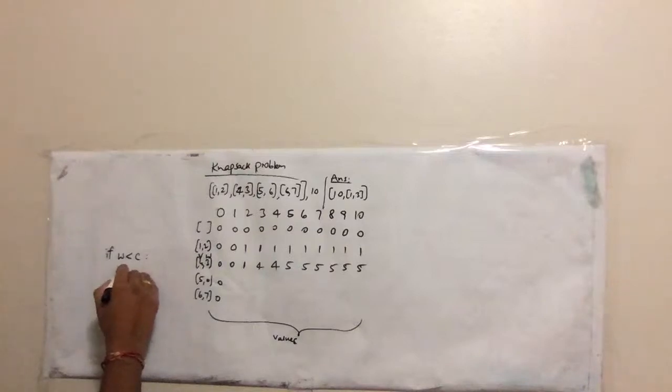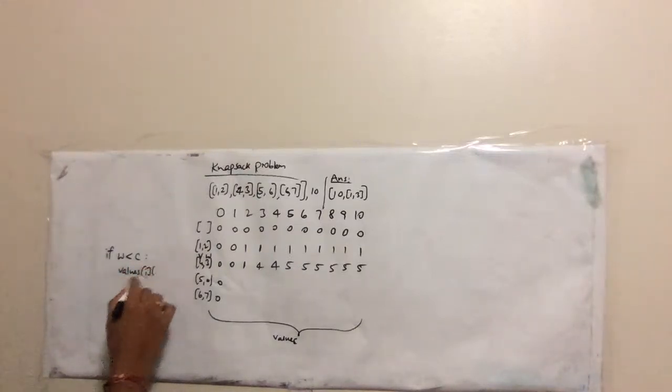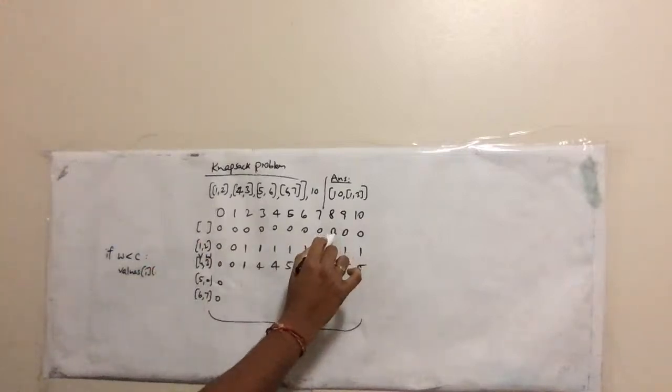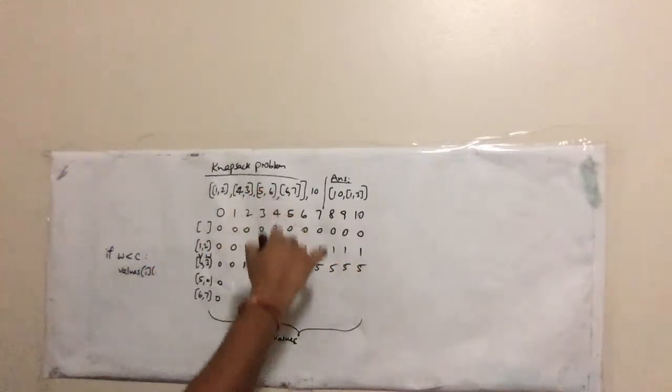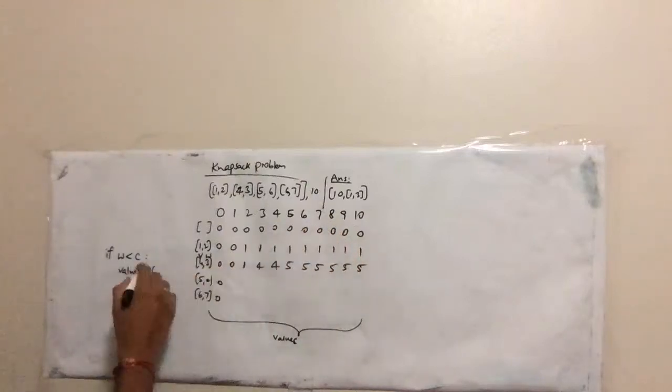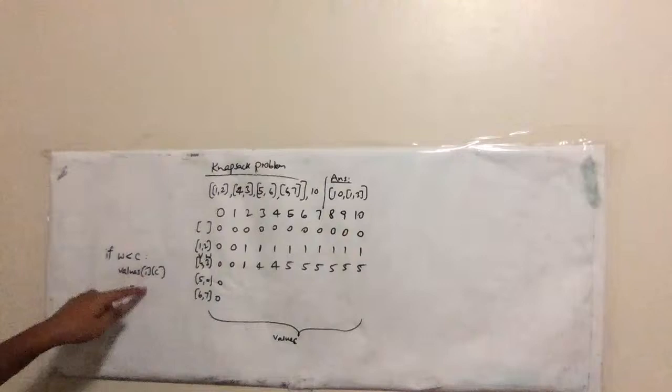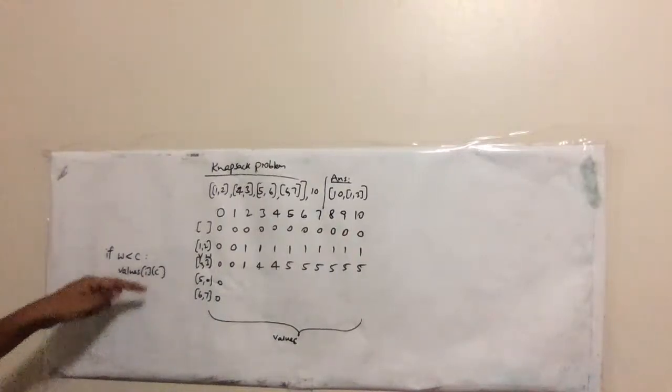So the values at I comma C, I will call this I as the row and C as capacity. So values[I][C] is equal to, you can call it ij, it doesn't matter.